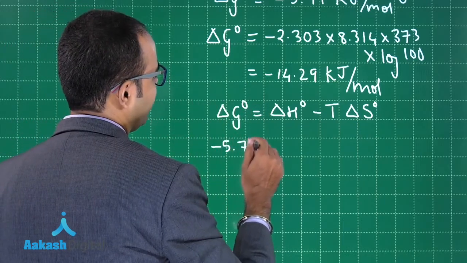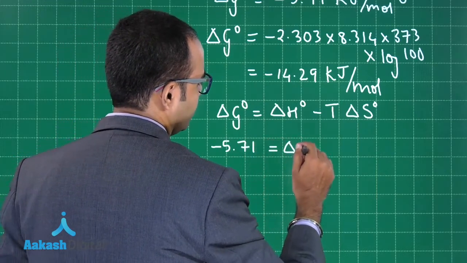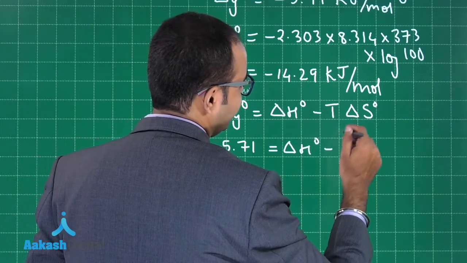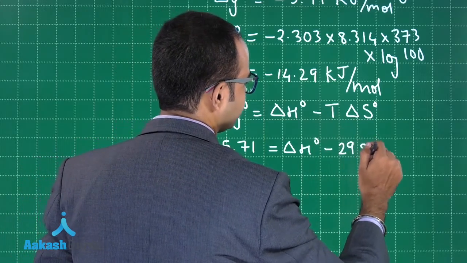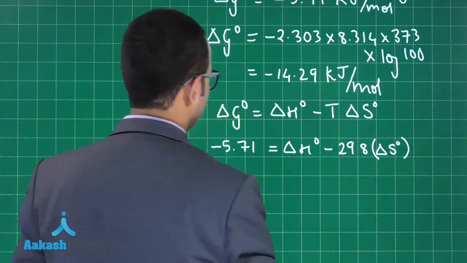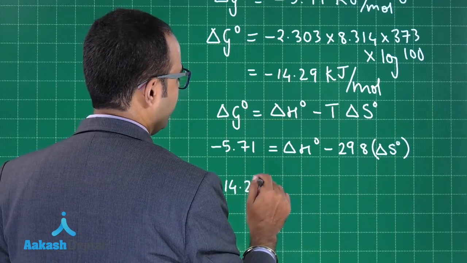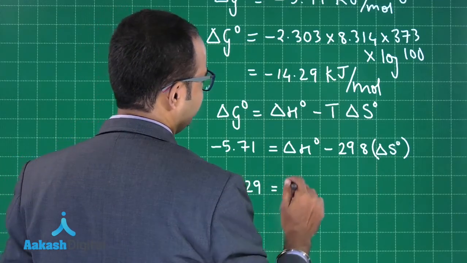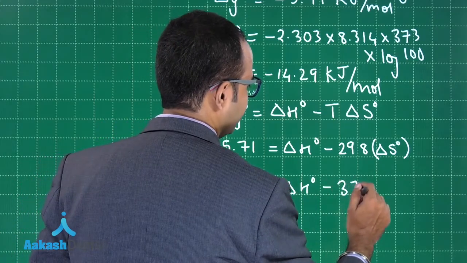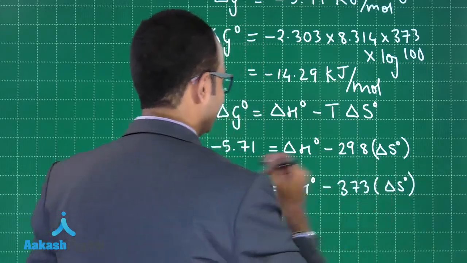So what is the value of del G? That is minus 5.71 is equal to del H naught minus T. What is T? T is 298 into del S naught. Second one is minus 14.29 is equal to del H naught minus 373 del S naught.